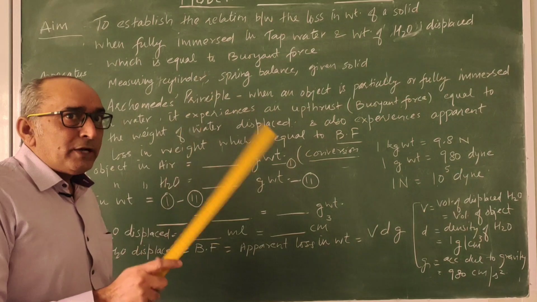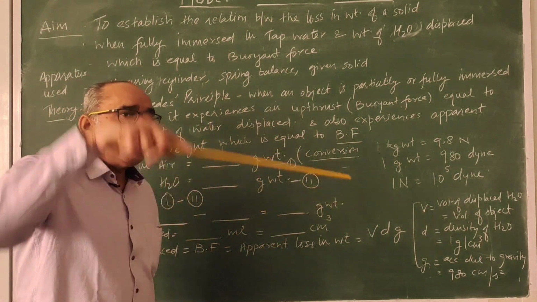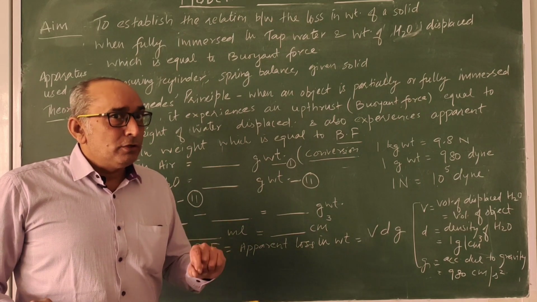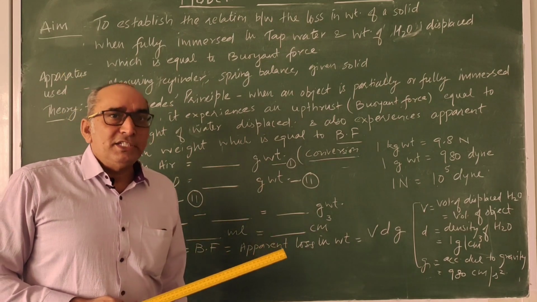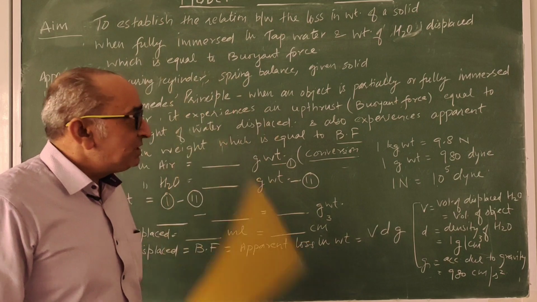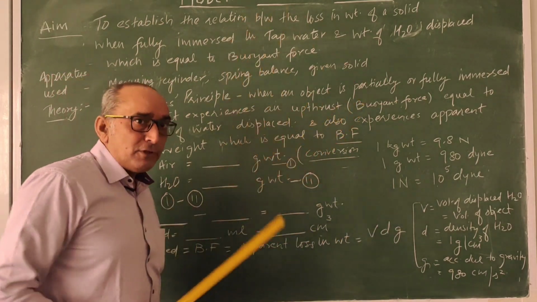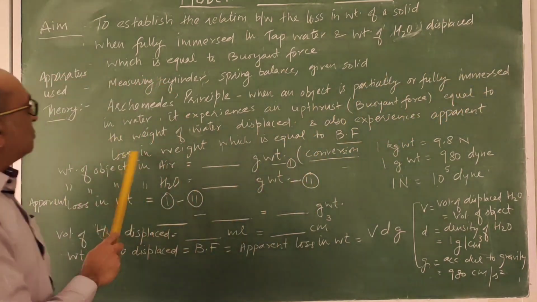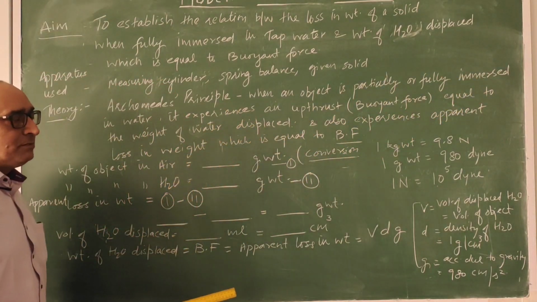We know whenever an object is immersed in water, it will displace water equal to its volume, and the weight of that displaced water is equal to buoyant force. So I have written buoyant force equal to weight of the water displaced.